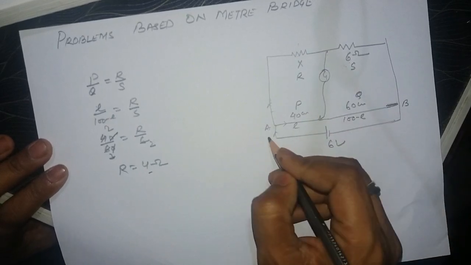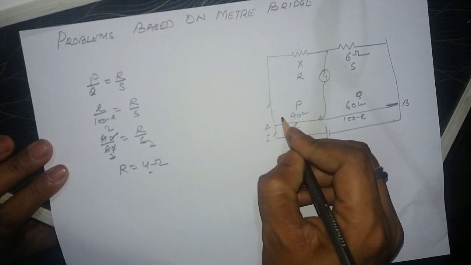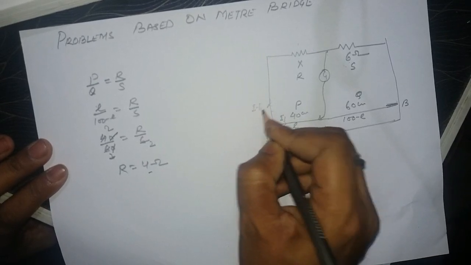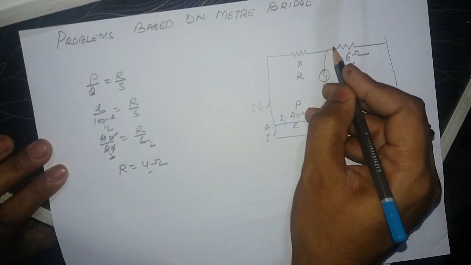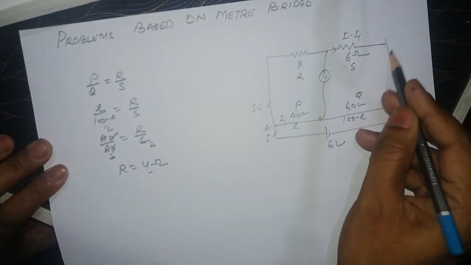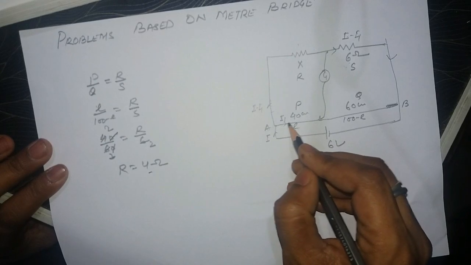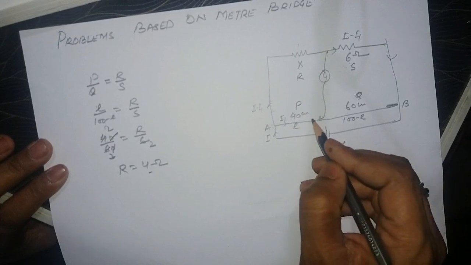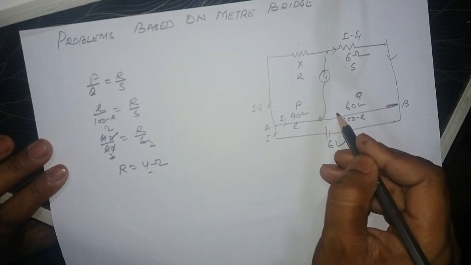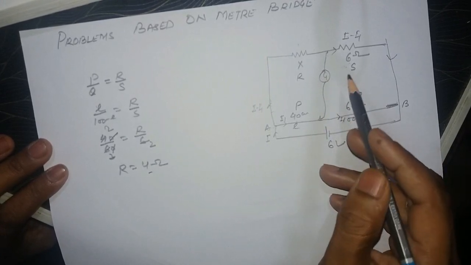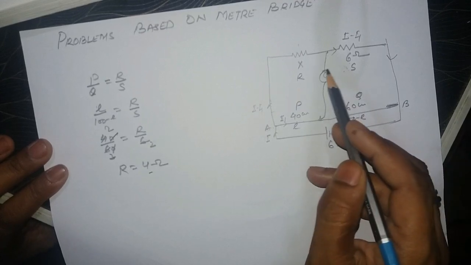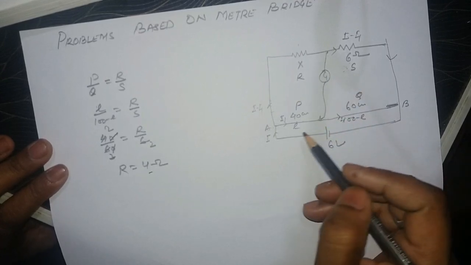So if this is a current I and this is I1, this will be I minus I1, and here I minus I1, here I minus I1. Similarly, current I1 from here, there will be no current across the galvanometer. This current will be I1. It means that this R and S are in series, and this whole AB, is in series.